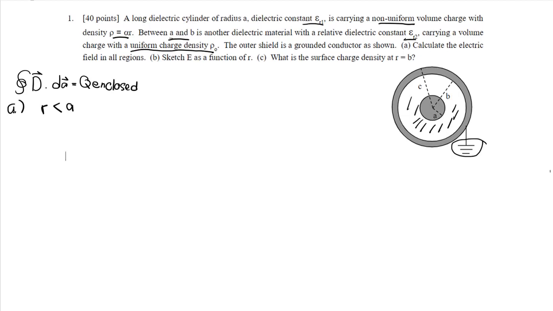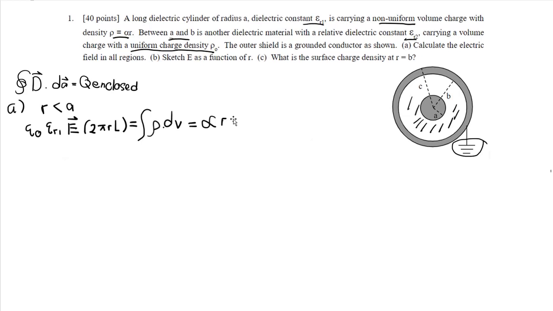So D equals the permeability of the material, the dielectric constant, and for this it will be mu r1 because we are looking at the dielectric material inside of a, times E, and then since we are looking at a cylinder, times 2 pi r L, and we can equate this to the charge, which equals the integral of rho dV, and then writing this out, rho equals alpha r.